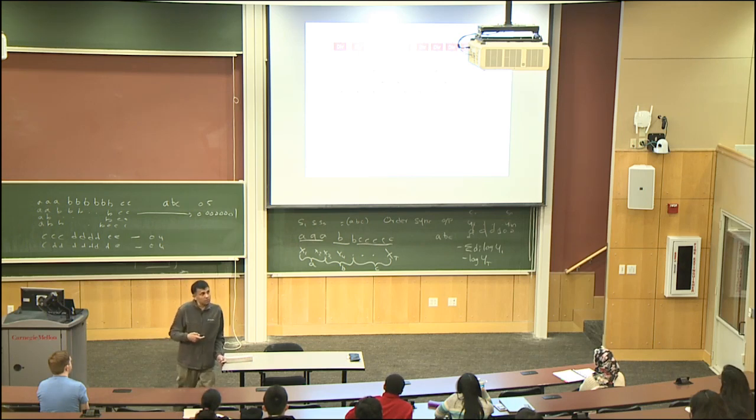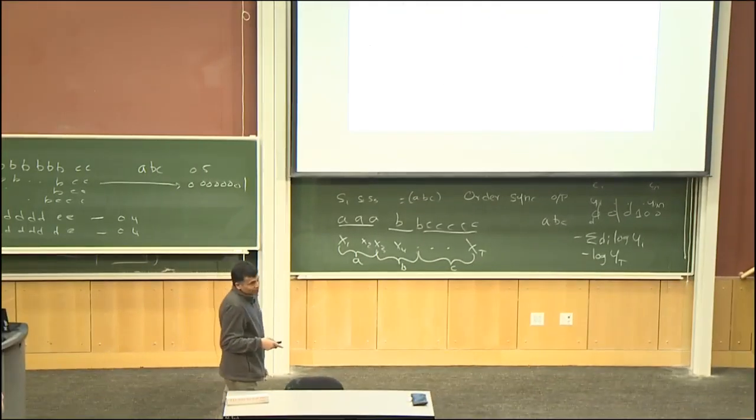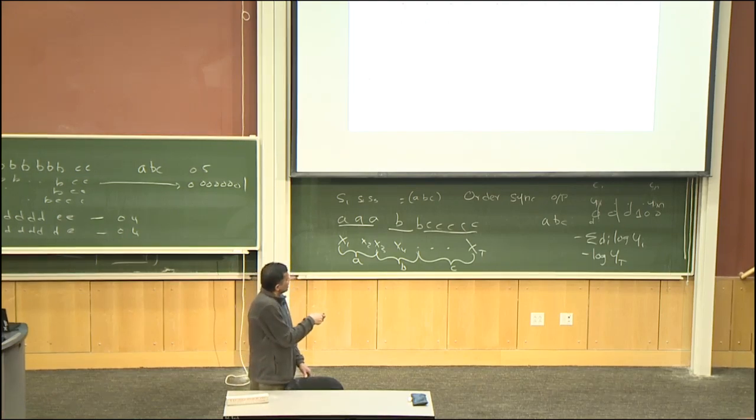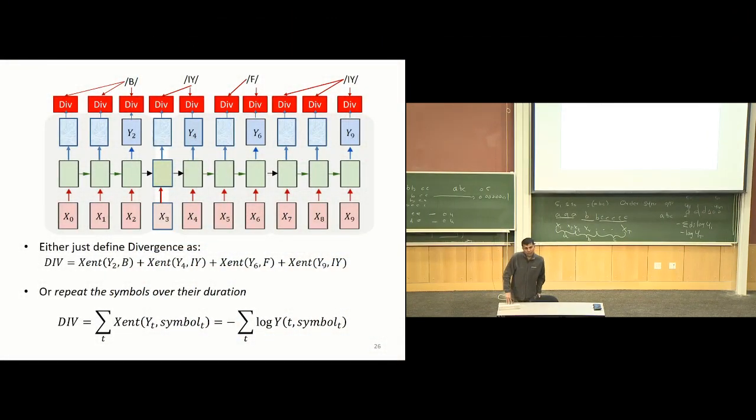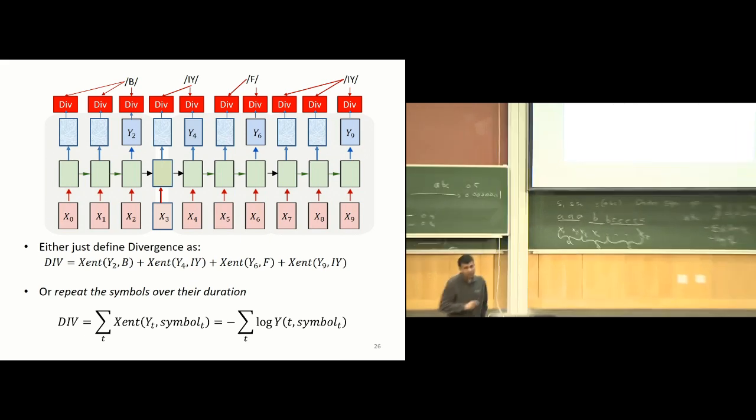So we're going to assume that the target sequence is this time synchronous aligned sequence, right? And the divergence is the sum over all time of the negative of the log of the probability assigned to the target symbol at each time. Okay? So again, have this burned in your mind.